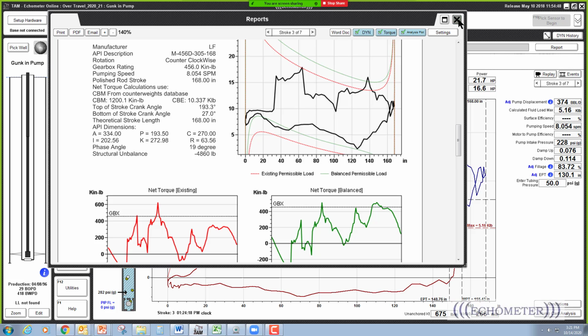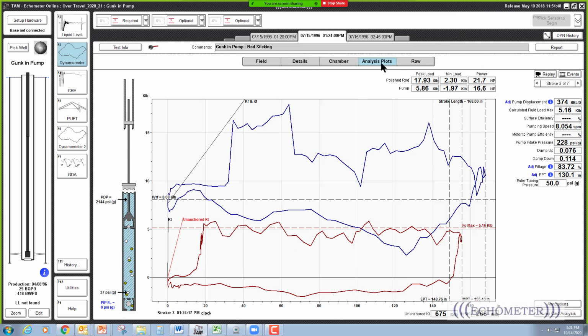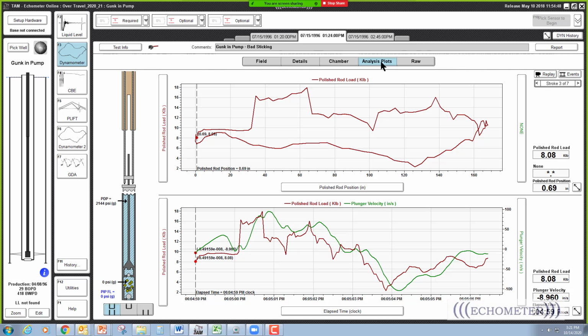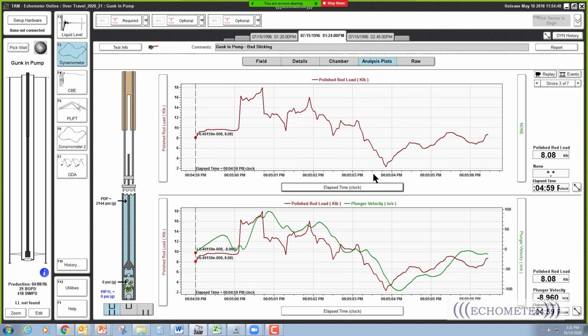Now, if we go look at the analysis plots, I'll try to make this make sense. Let's plot it versus elapsed time here, and let's plot seconds instead of clock time, because this is the clock time here.